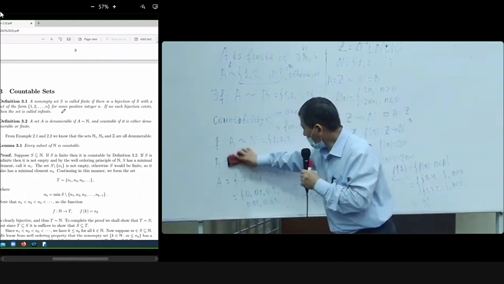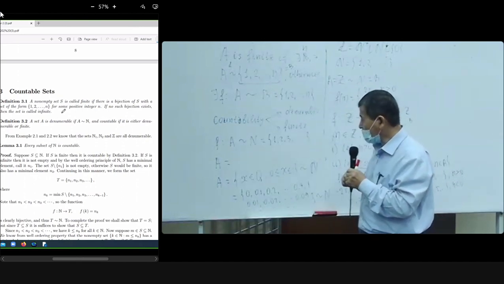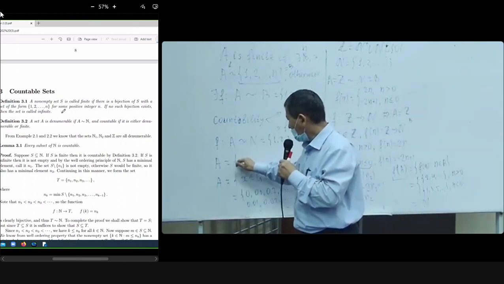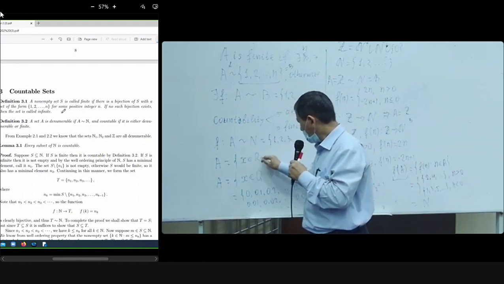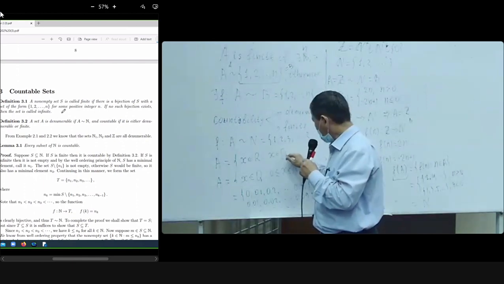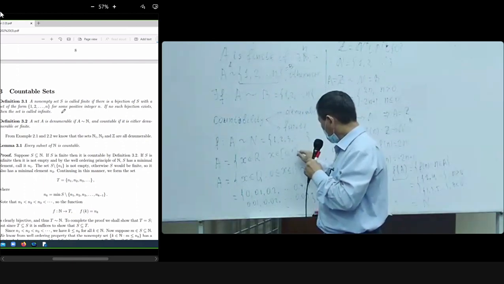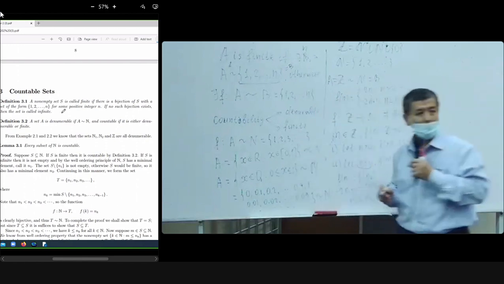Look, here I'm writing this set as, you see, this is the largest set. This is the set of x from R such that x belongs to (0, 1). Now this one I cannot count by N.